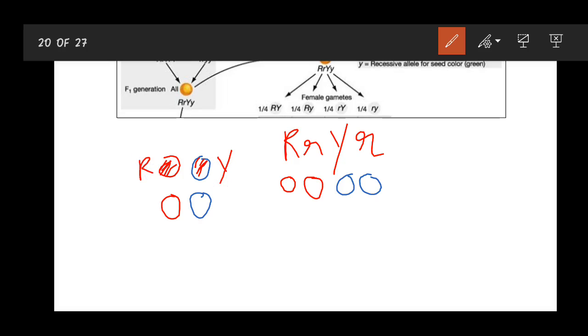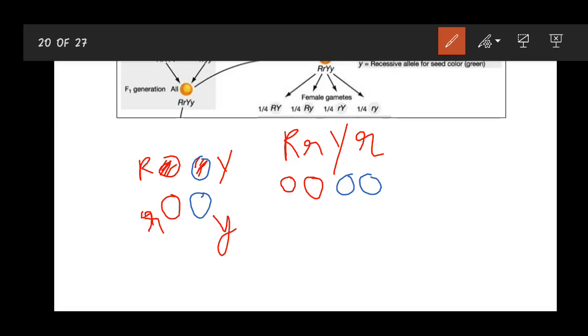Capital Y. So what Mendel said was that during gamete formation, when gametes are formed, I mark it as small r here and small y here. What Mendel suggested in this law of independent assortment is that these alleles can combine.